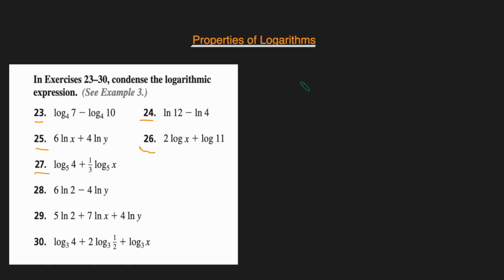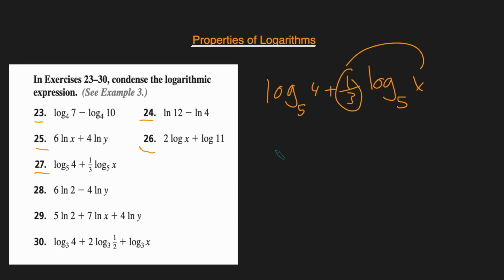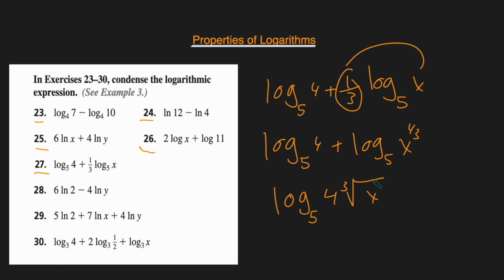Number 27, log base 5 4 plus 1/3 log base 5 x. See the power, we're going to put it back. Log base 5 4 plus log base 5 x to the 1/3, and we use the product rule, and this becomes log base 5 4 cubic root of x.